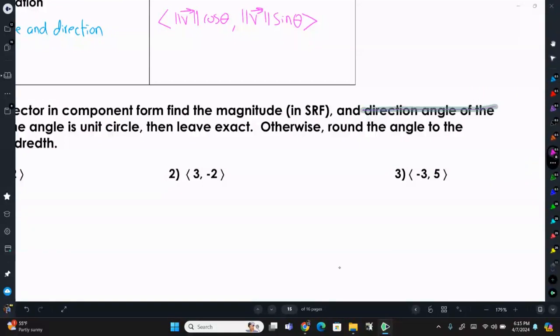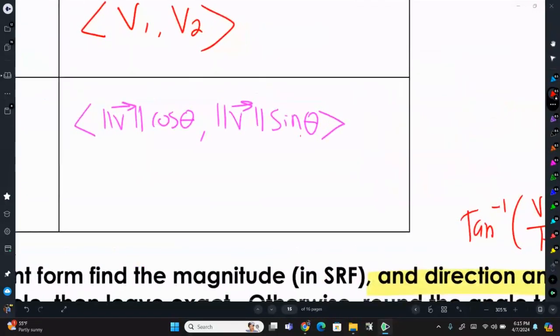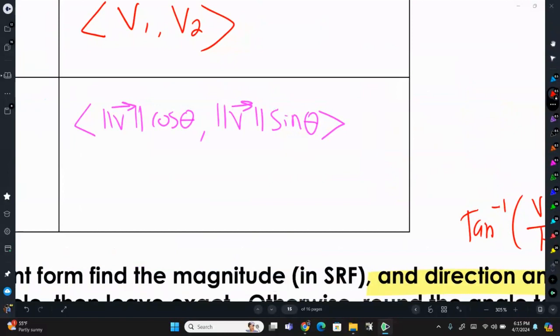So the direction angle is going to be the inverse tangent of the vertical component over the horizontal component, or if you want to think of it as the y over x part, if we're talking about an ordered pair. And remember, tangent's also sine over cosine. Sine goes with y, so that would make sense to use the vertical or the y component of it.